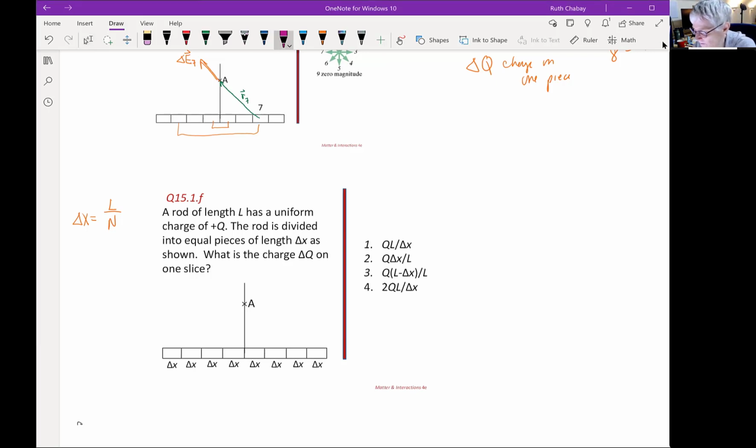Suppose the total charge is 4 nanocoulombs, and we have 8 pieces. The length is, say, 2 meters. So delta x is 2 meters over 8 pieces, which is going to be 1/4 of a meter, right?